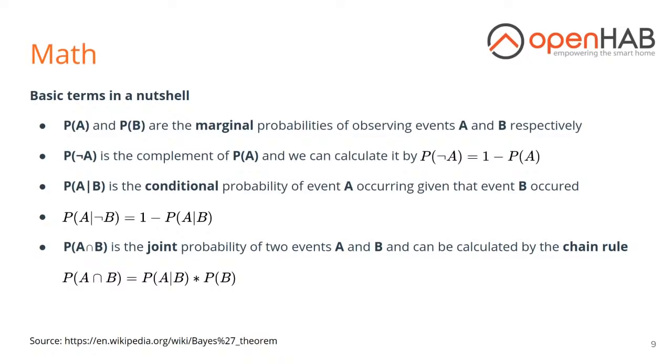There also is a third probability called the joint probability. It's often used in tree diagrams. And I mention it here because we later will use it to replace a term in our formula.